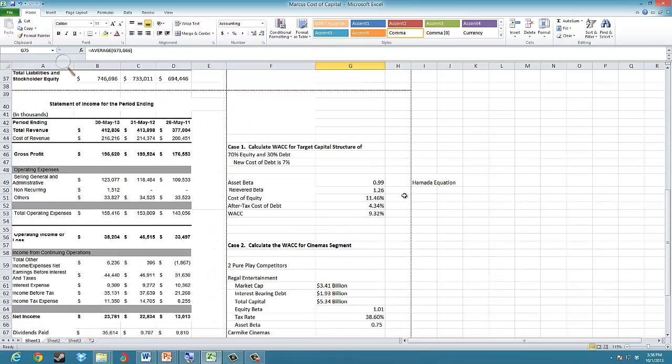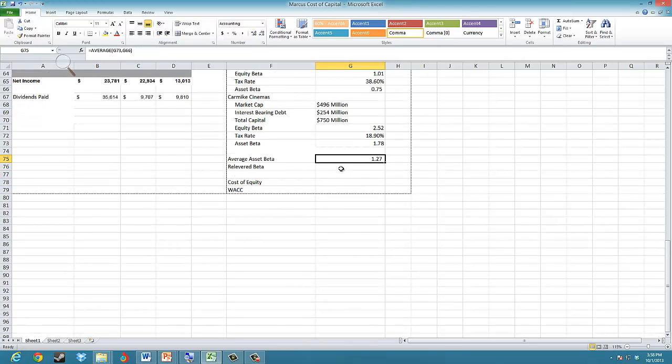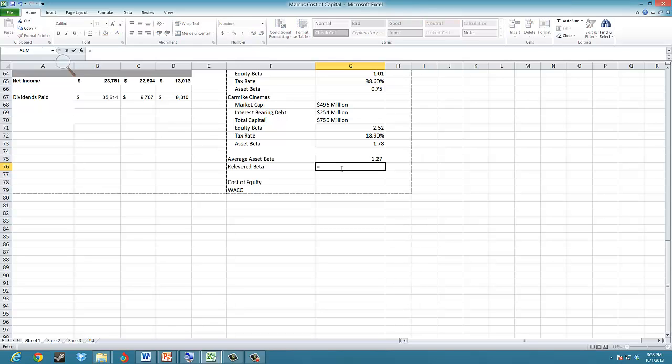Marcus has calculated up here an asset beta of 0.99, so we'd want to maybe think about the hotel division and what their beta would look like. But for now, we'll go ahead and use this asset beta. So what we're saying is that the assets of the cinema business are a little bit riskier than the assets of the hotel business.